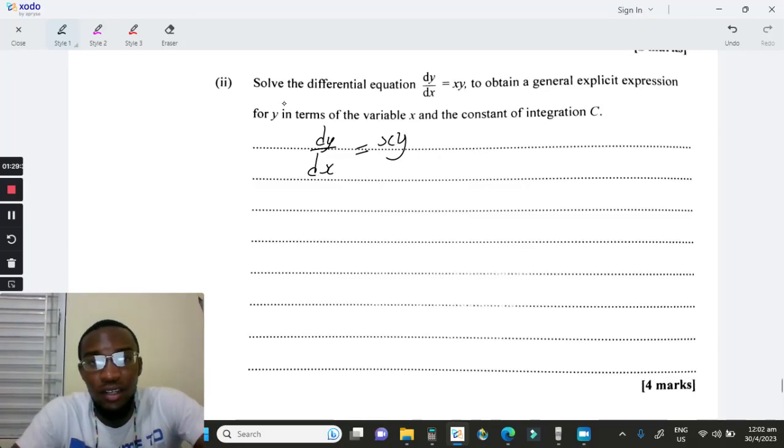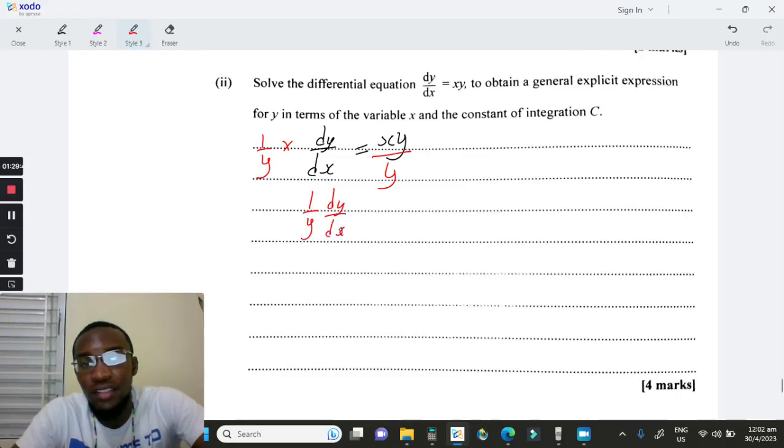So we can divide both sides by y, or look at it as multiplying by 1 over y. So this becomes 1 over y dy over dx equals x, because the y's cancel. Then we multiply both sides by dx. This becomes 1 over y dy equals x dx.